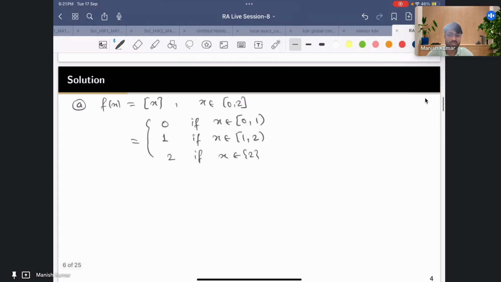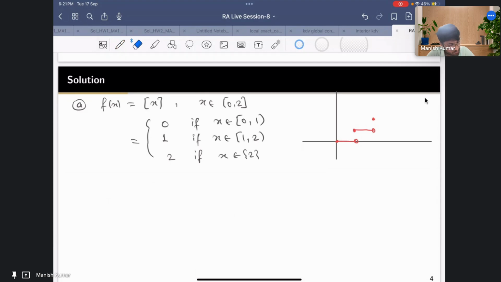Now you can clearly see that the function is not continuous at 1 and at 2. If you look at it as a graph, it's 0 here, 1 here, and 2 here, and this is 0, this is 1, this is 2.